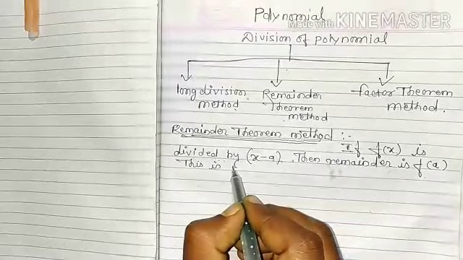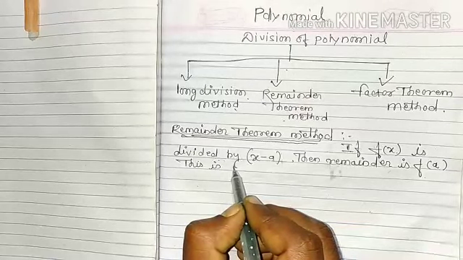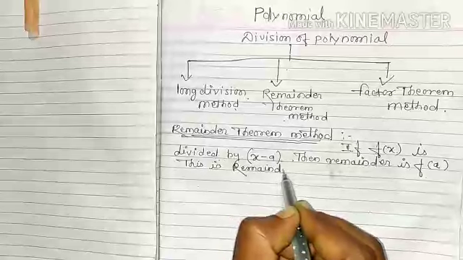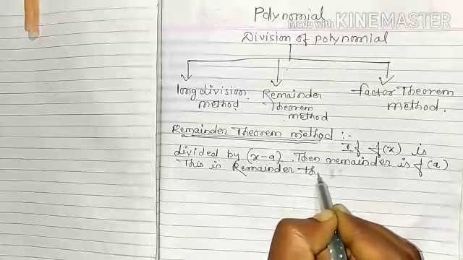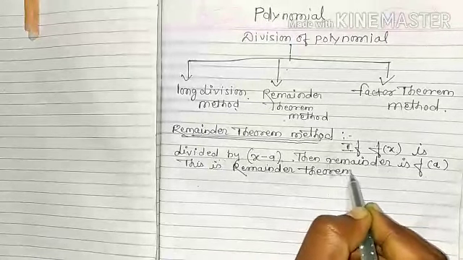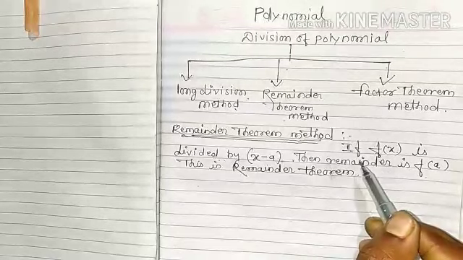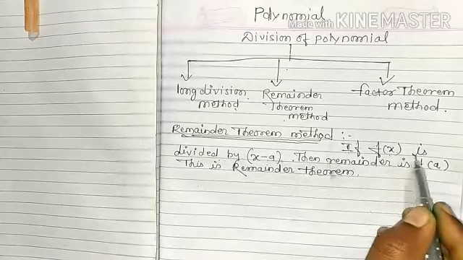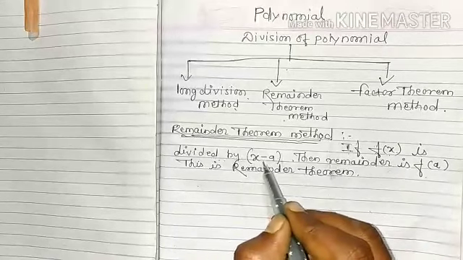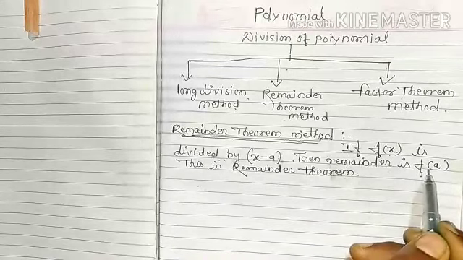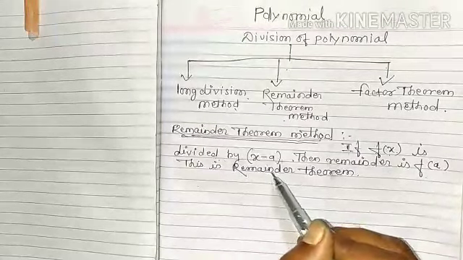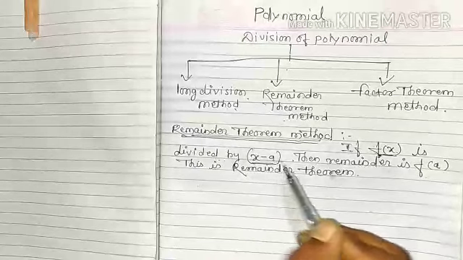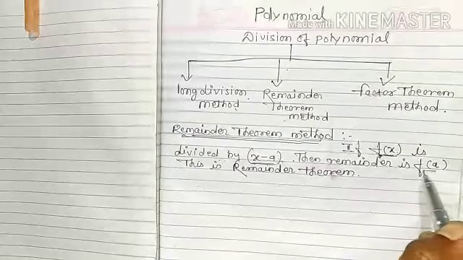This is the remainder theorem. Once again I repeat the remainder theorem: if f(x) is divided by x minus a, then the remainder is f(a). This is the remainder theorem. Here f(x) is the dividend and x minus a is the divisor, then we get the remainder as f(a).